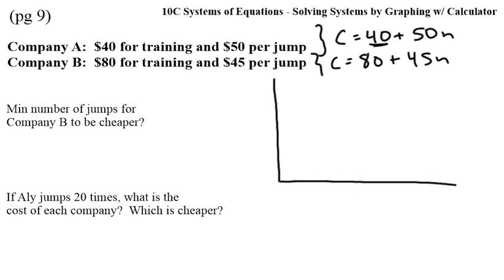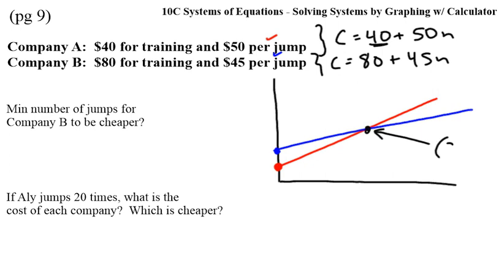Well, for company A, the intercept was at 40 and the line went up. And then for B, the intercept was 80 and then the line went up. And they intersected at the point of intersection, (8, 440).